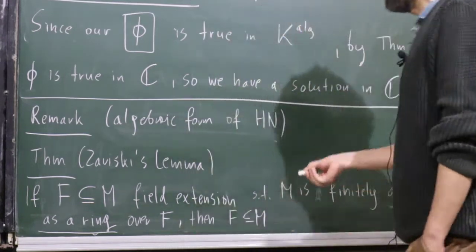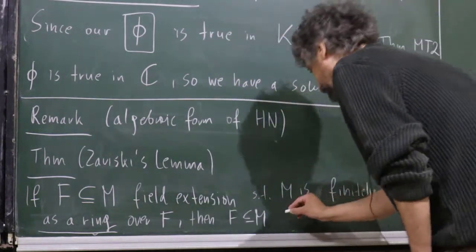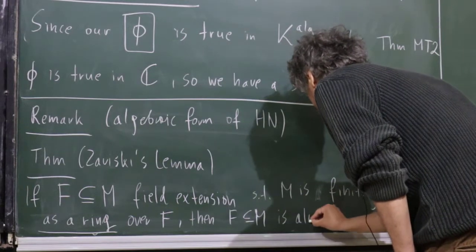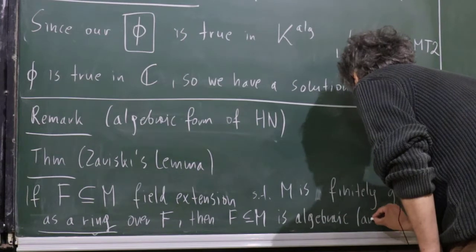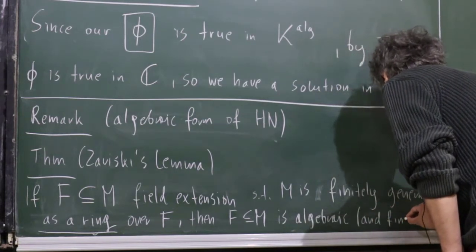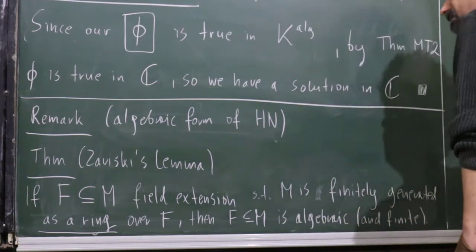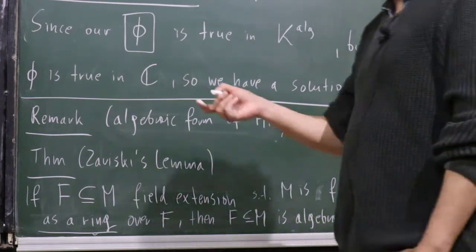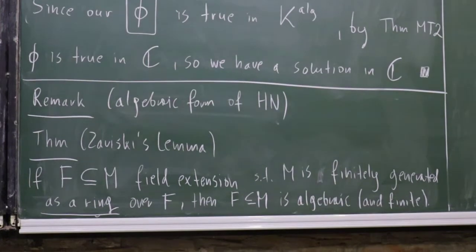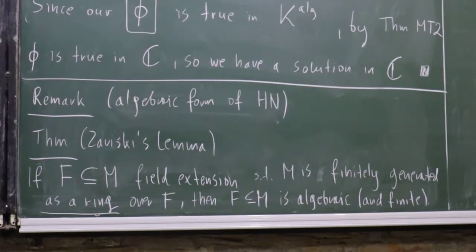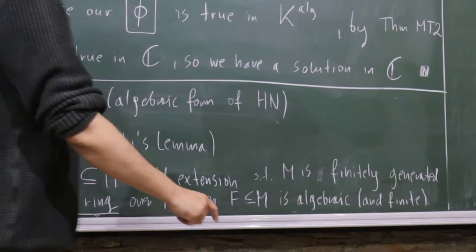So it's even finite as a vector space. You may think the field of rational functions is not finitely generated as a ring. You will never find finitely many ring generators.